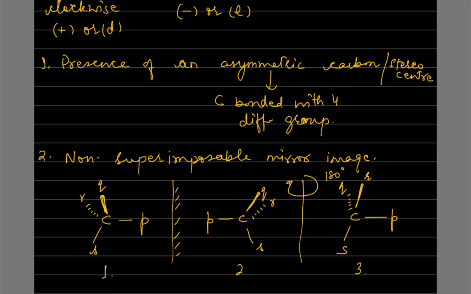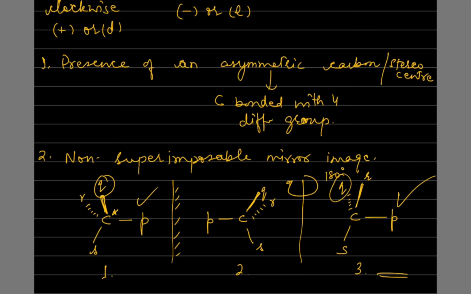Now, in the original compound, Q is towards the observer, while in the mirror image, Q is away from the observer. So 1 is the original compound and 3 is the mirror image after rotating by 180 degrees. The two are non-superimposable on each other. That is why such a compound will be optically active.